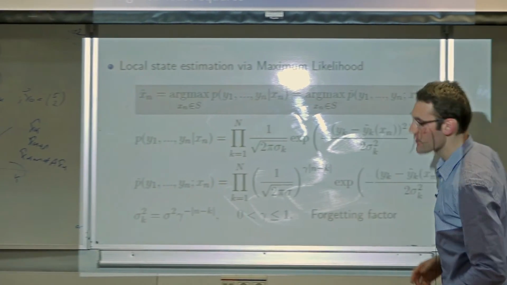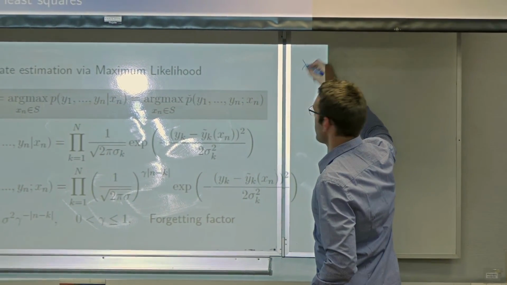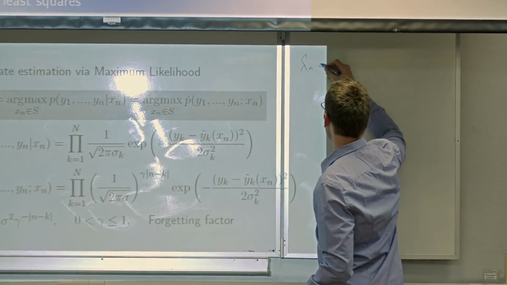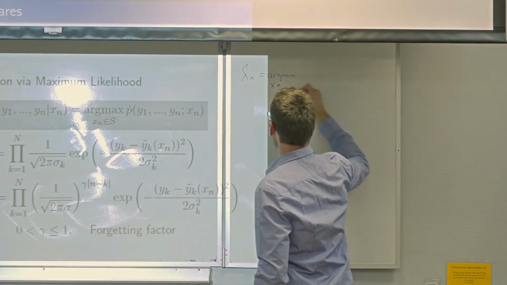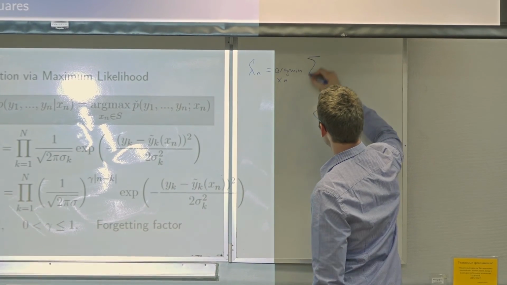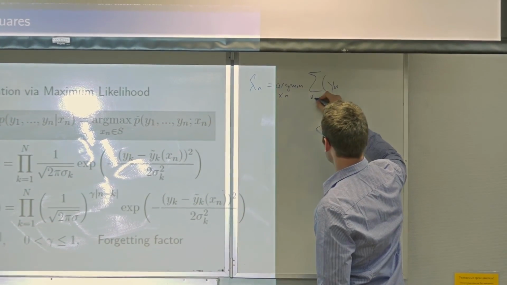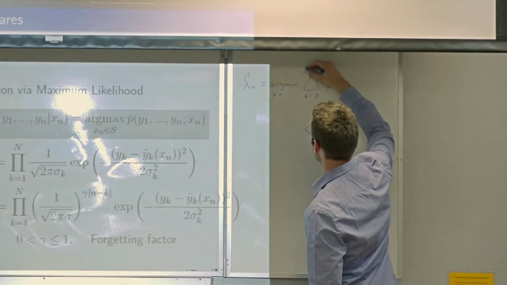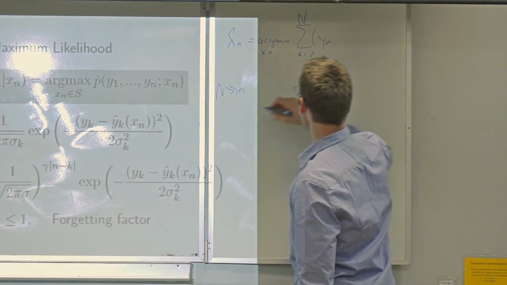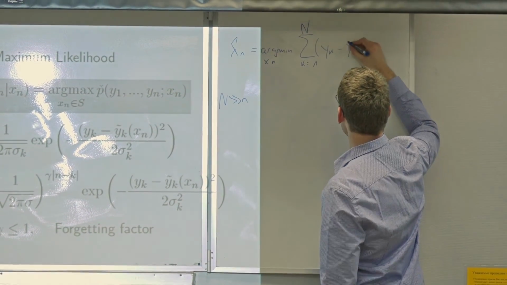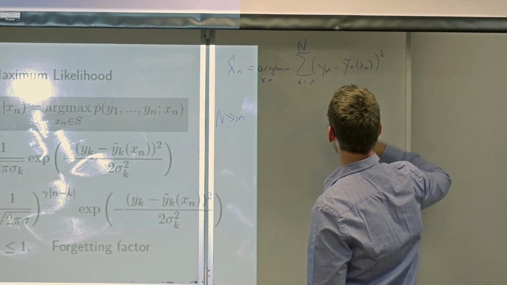What we have is actually, in a non-probabilistic setting, x hat n is equal to the arg min over xn of the sum over my observations yk, from k equals 1 to capital N, where capital N is much bigger than small n, of yk minus y tilde k of xn, squared.